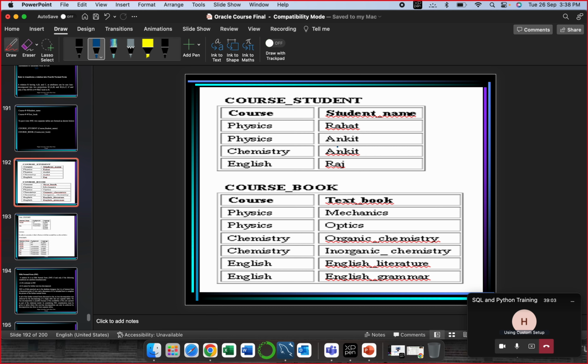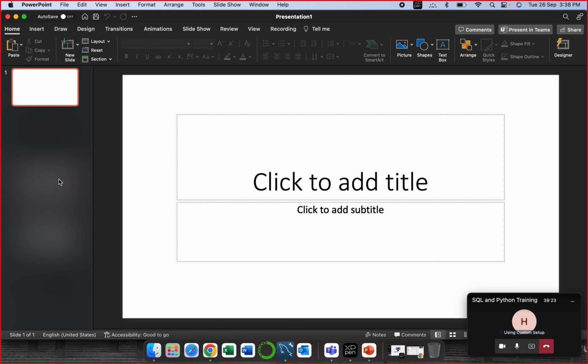You understand my point? Let's say I create tables, a separate table for physics, a separate table for chemistry, a separate table for English. I won't lose anything.